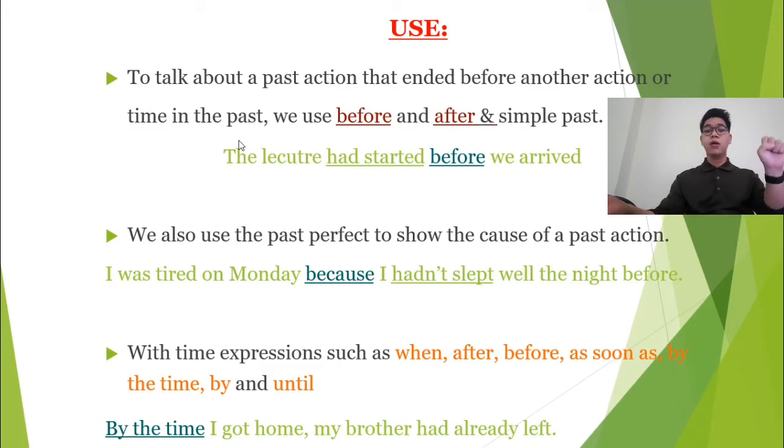For example, I had called your mom before you put a warning to me. Okay, this is the past perfect. I had called your mom, and then you put a warning to me.